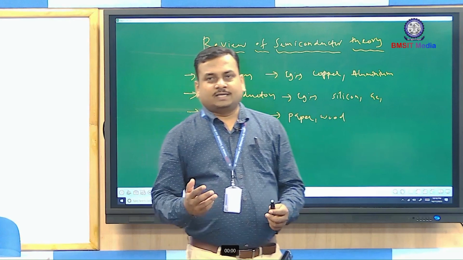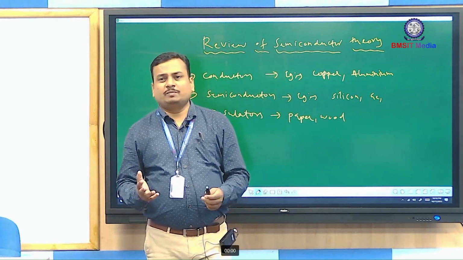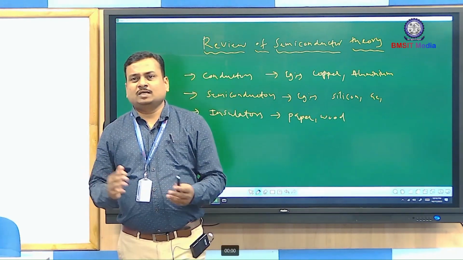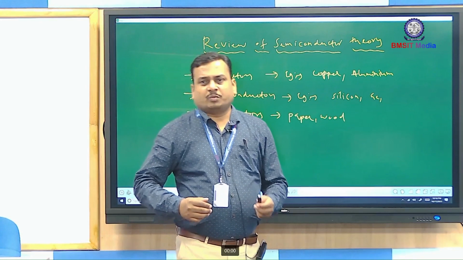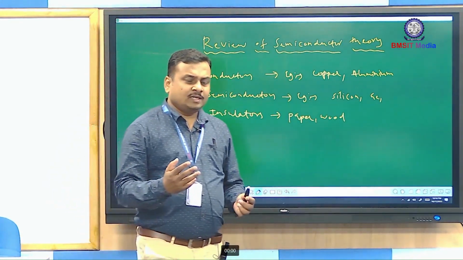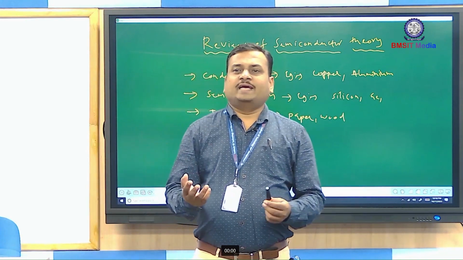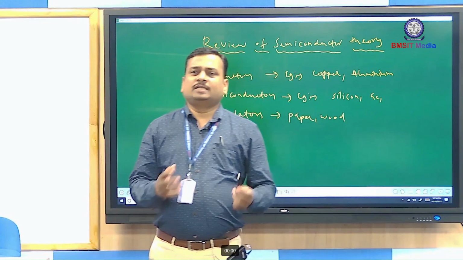But in the case of a conductor, when temperature is increased, the resistance increases. That is the positive temperature coefficient. That is the second property of a semiconductor. And the third property: you can enhance the conductivity of a semiconductor by adding some impurity to it.